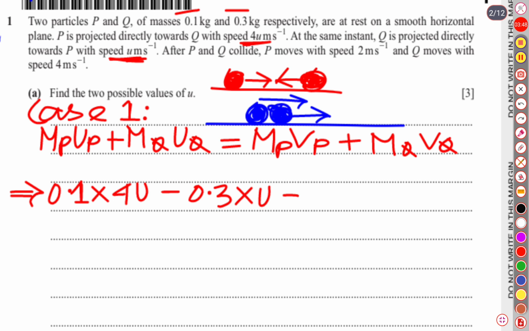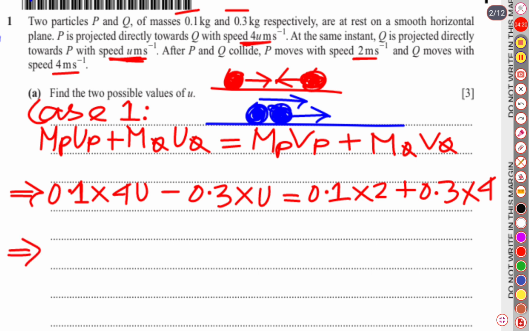Then after collision, let us think both of them are moving positively. So mass of particle P is 0.1, and after collision P is moving with 2 meter per second and Q is moving with 4 meter per second. So it is 2 plus mass of particle Q, 0.3, moving with speed of 4 meter per second. Let us calculate.